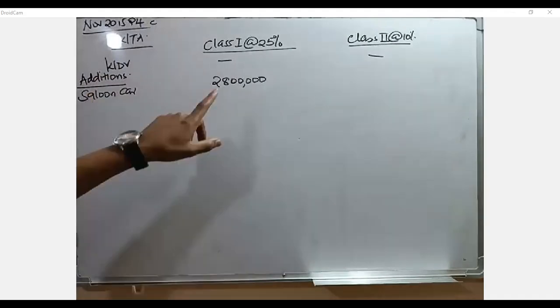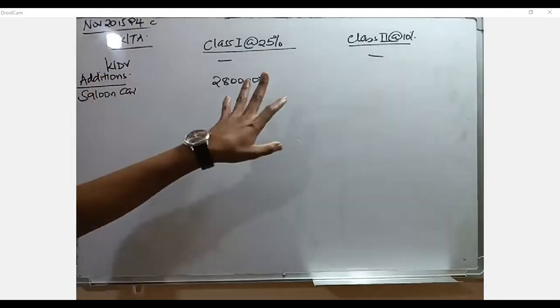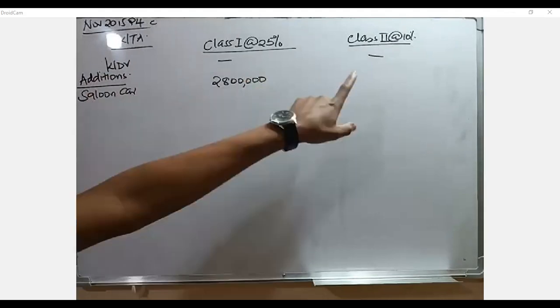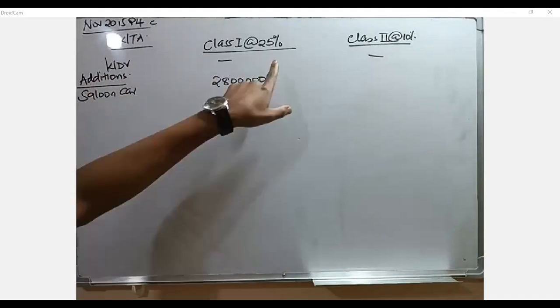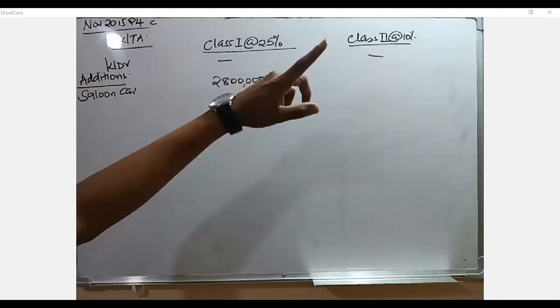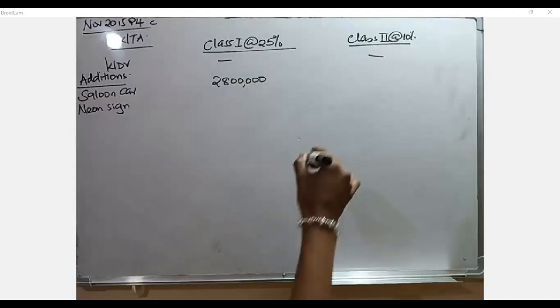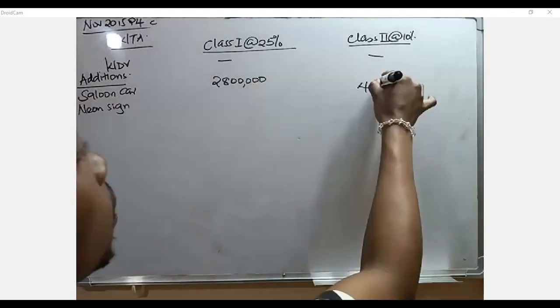If it is below 3 million, you put the whole amount. If it is above 3 million, you put 3 million restricted. We are going to have a question for that problem. After the saloon car, we have the neon sign. The neon sign qualifies for class 2, at 48,000, I put the whole amount.